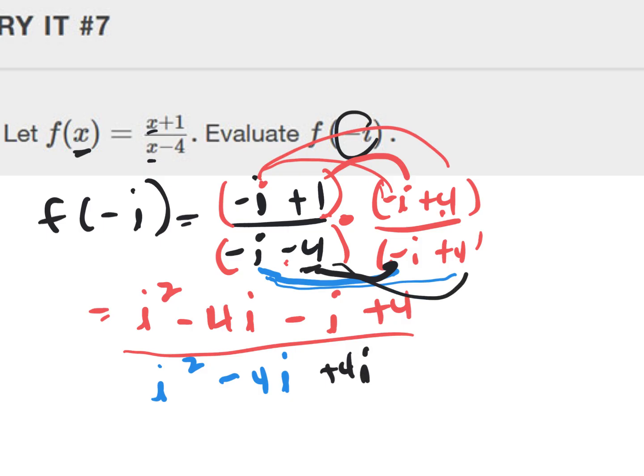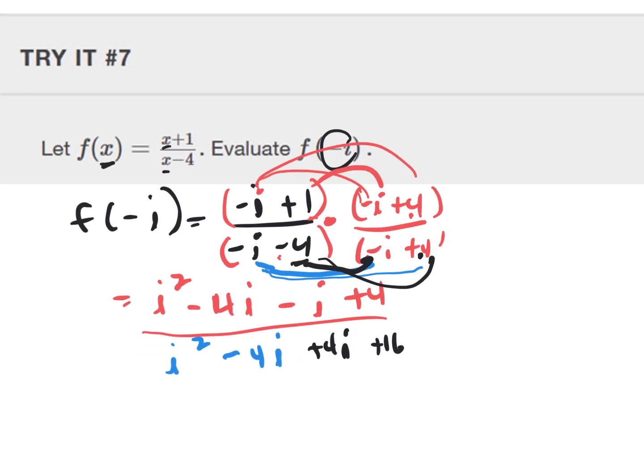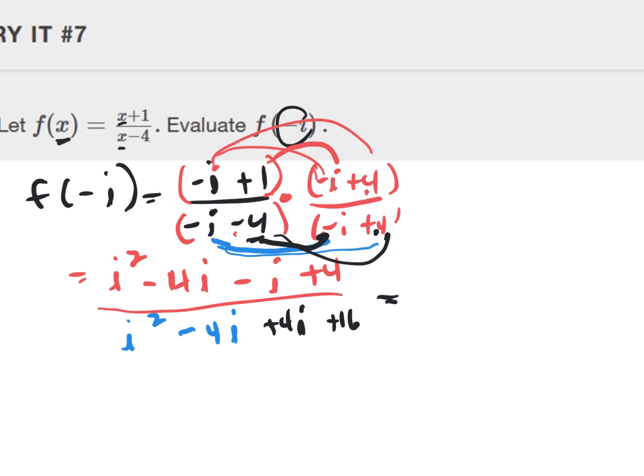And then the last two terms, negative times a positive is a negative, 4 times 4 is 16. So it's a positive 16. Let's see what happens here. i squared becomes a negative 1. A negative 4i minus an i, there's like having a 1 there, negative 5i, plus 4. I'll simplify it again in a second.